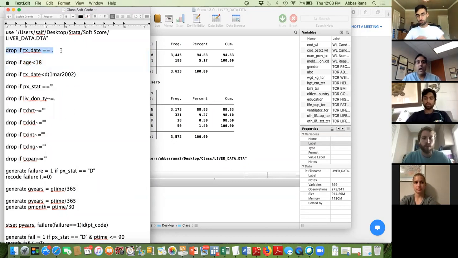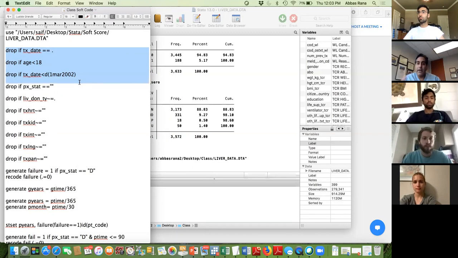When we do our drops, we drop if the transplant date is blank, because this is a database that has people listed as well as listed and transplanted. So there are people who are listed but not transplanted, of course, and we want to exclude those. We want to look at just adults, so I'm looking at the age of under 18 to drop.